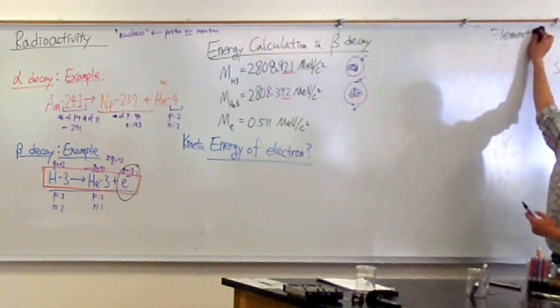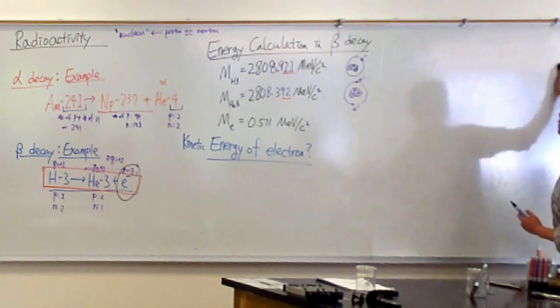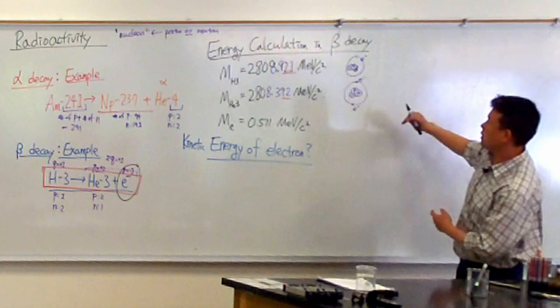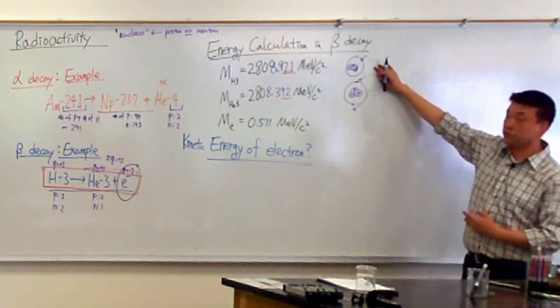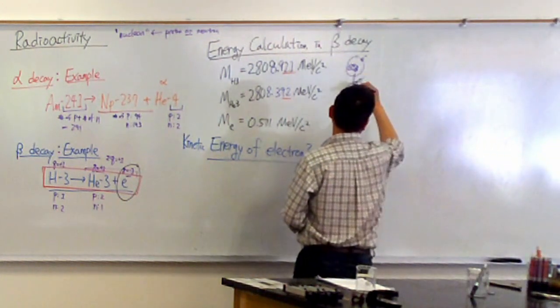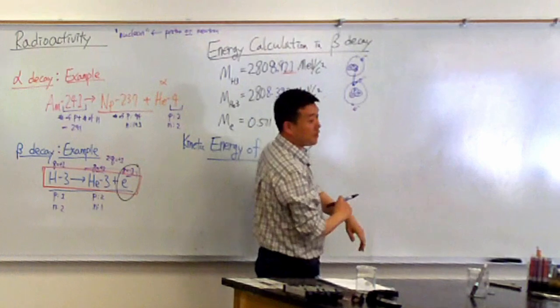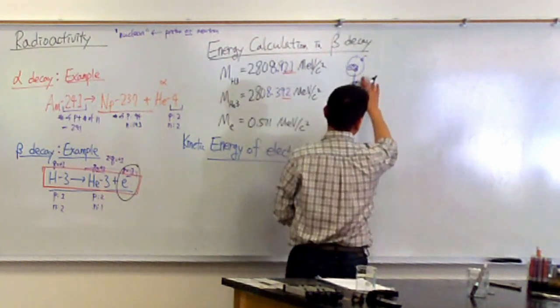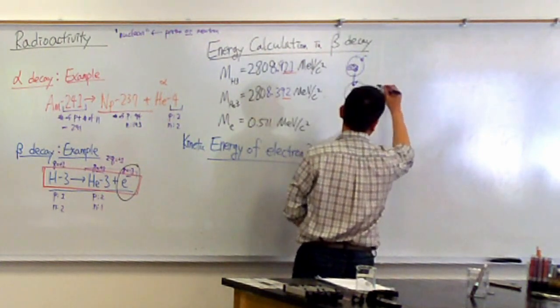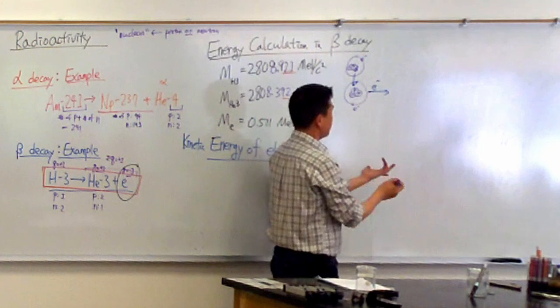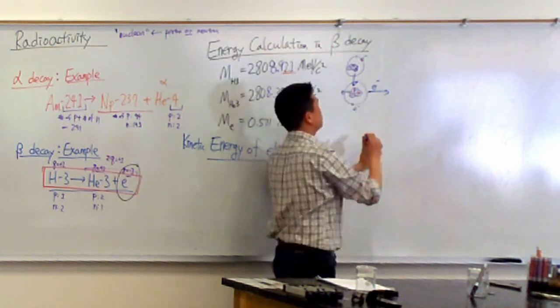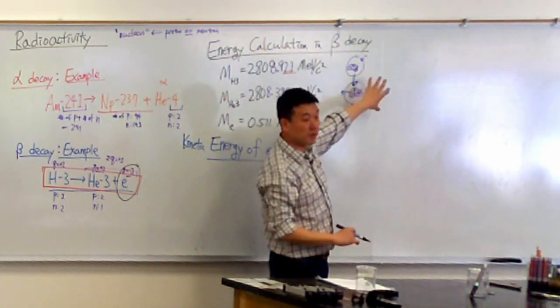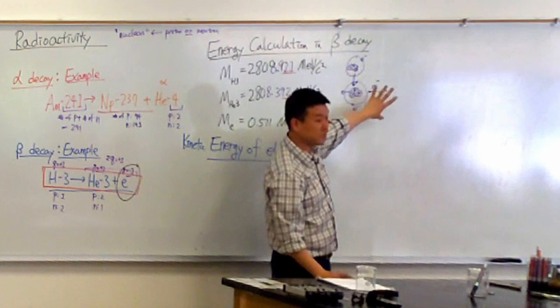Conservation of momentum, right? So if you have tritium, that's going to decay into helium-3 and an electron that's being emitted. Then if the electron is being emitted to one side, then helium-3 should be moving to the other side to make the total momentum 0.